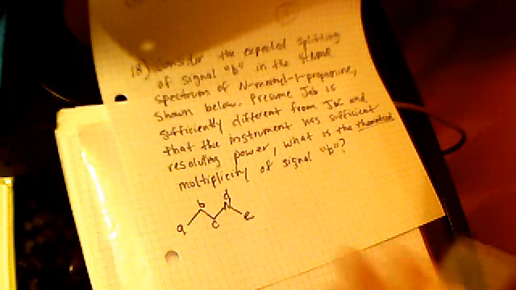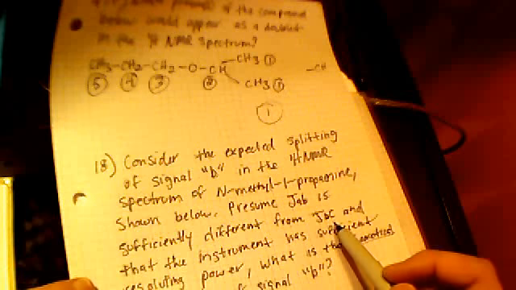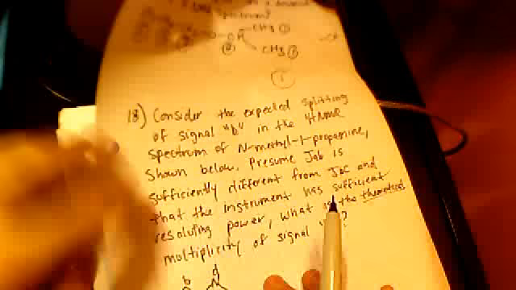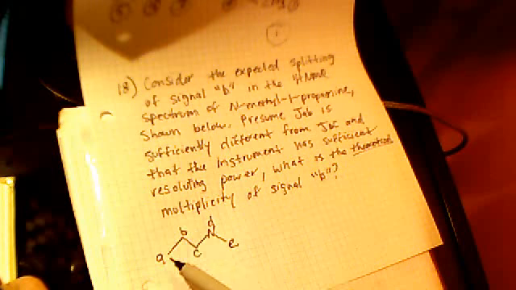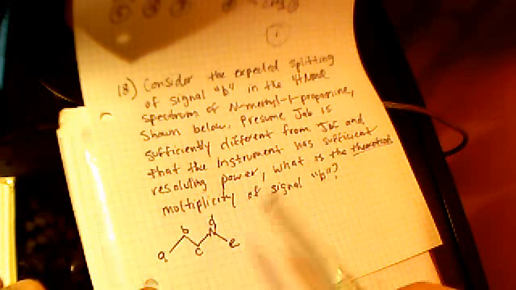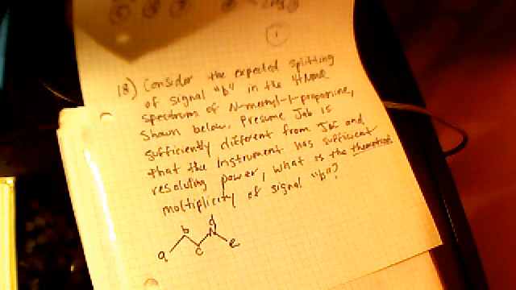Alright, so when they're talking about this JAB and JBC up here in the problem, they're talking about the coupling constant. So on page 410 in the Solomons textbook, it says signals from coupled protons share a common coupling constant value.